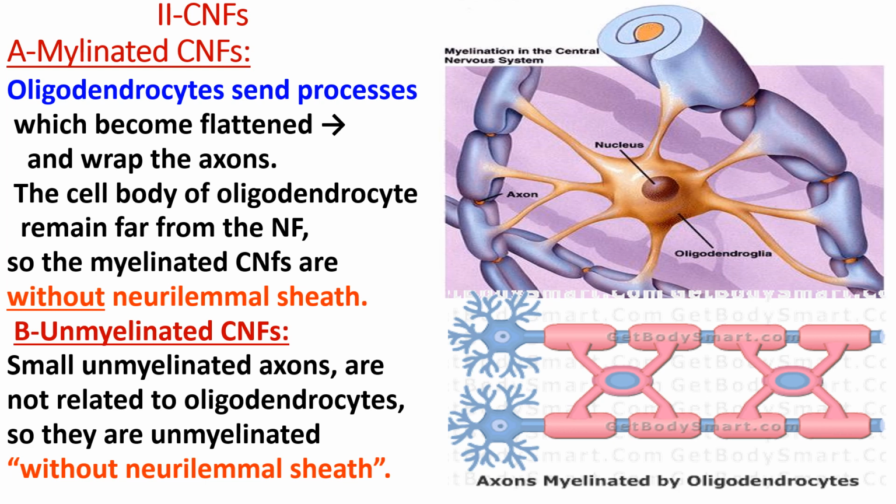Unlike the Schwann cell, which is present by itself and produces myelination by itself, oligodendrocytes send processes to the nerve fibers. Then these processes become flattened and then wrap the fibers.